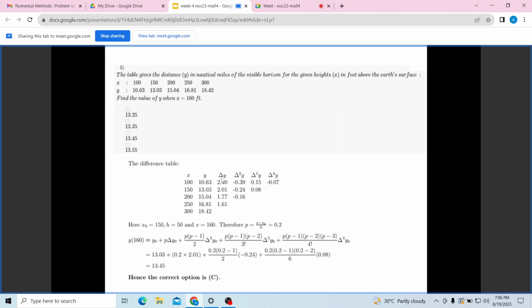Okay, now you have to calculate the forward difference. Okay, so for that you simply subtract 13.03 minus 10.63. Okay, so you'll get 2.40. Check, are you getting it?